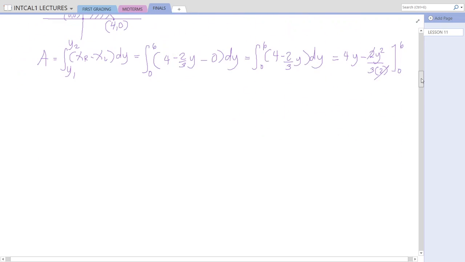Rewriting that again, the area is equal to 4y minus y squared divided by 3, and the limits are from 0 to 6.